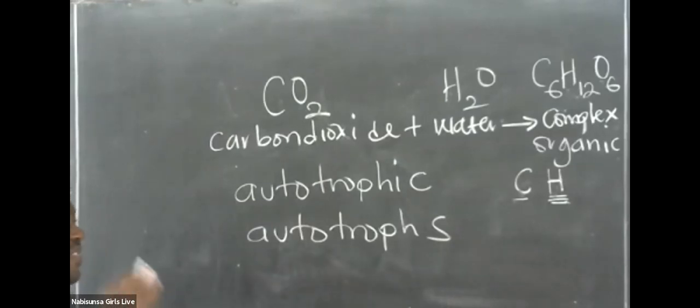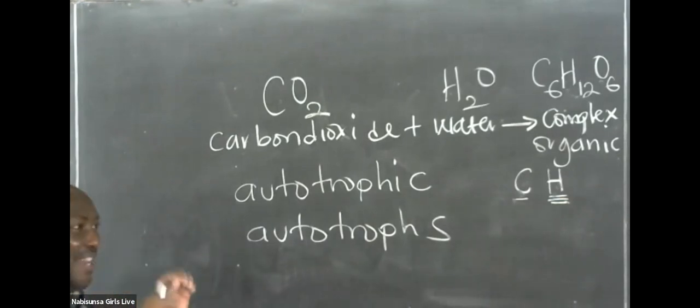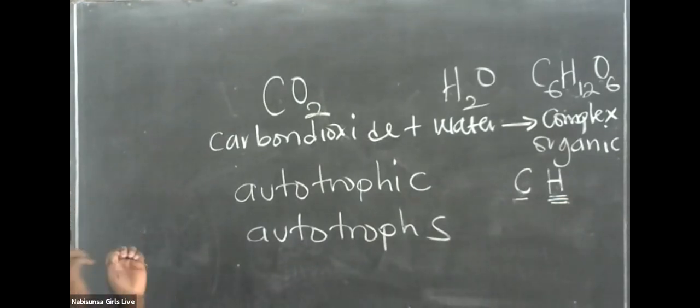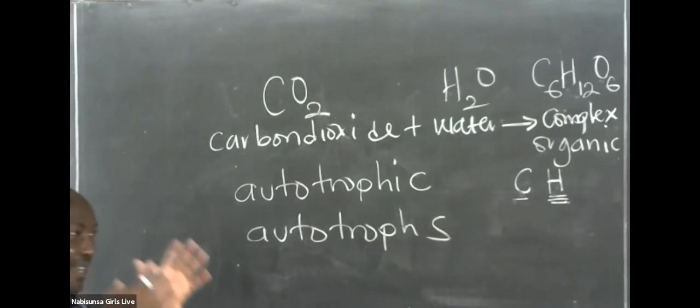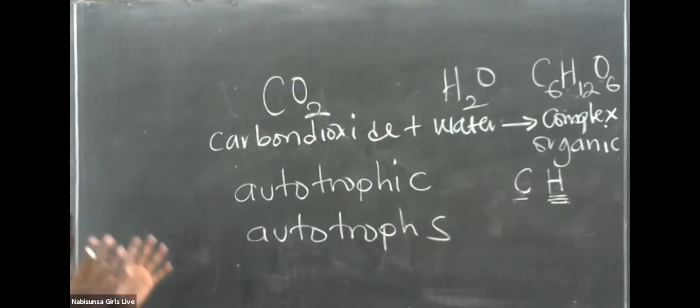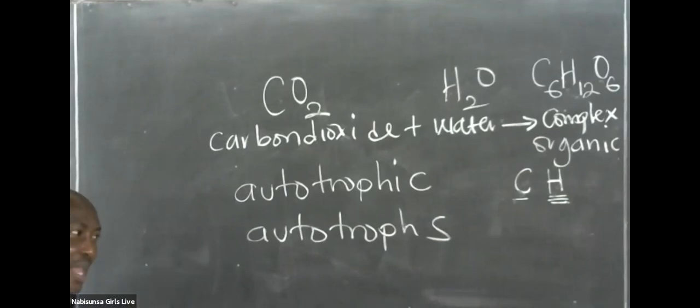Autotrophic nutrition is the process where an organism goes on to make its complex organic matter from simple inorganic matter.